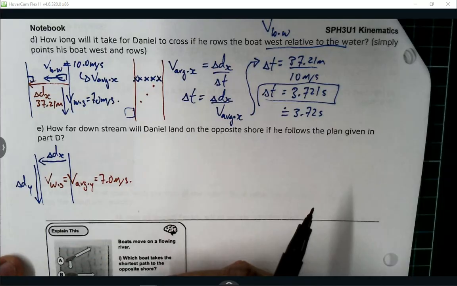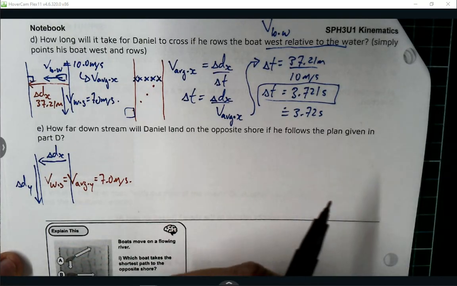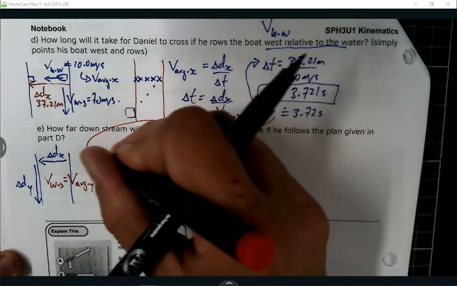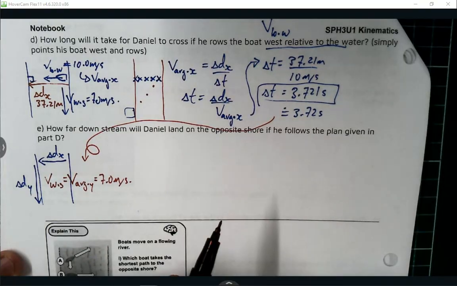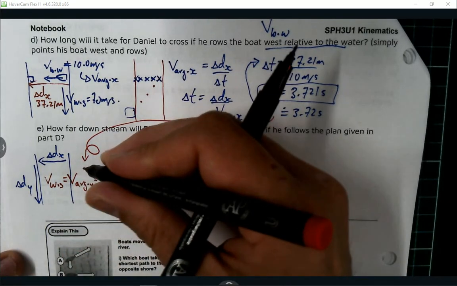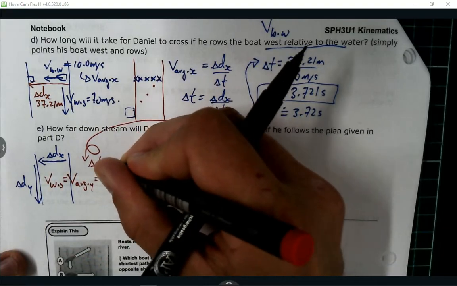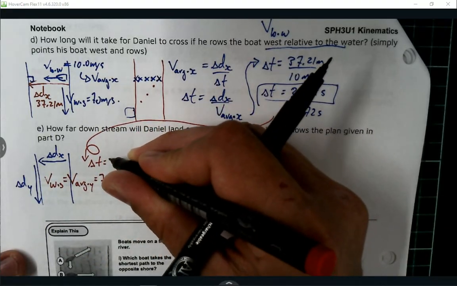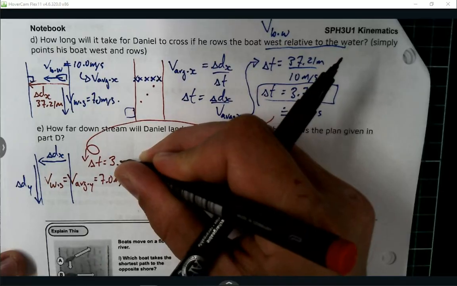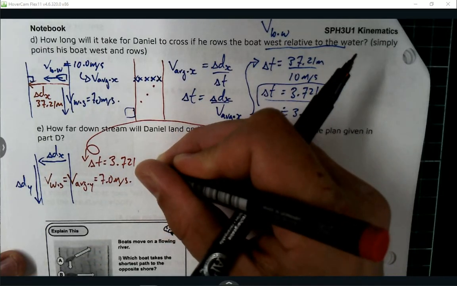That's going to be washing me downstream. How long am I going to get washed downstream for? As long as it takes for me to crash into the other side. And we just figured out that delta t to cross, unrounded, is 3.721 seconds.